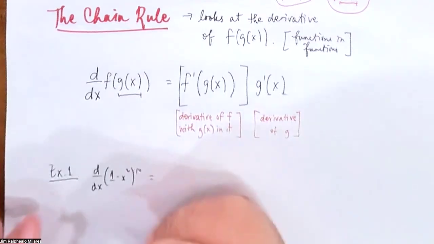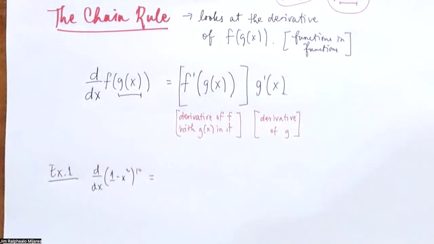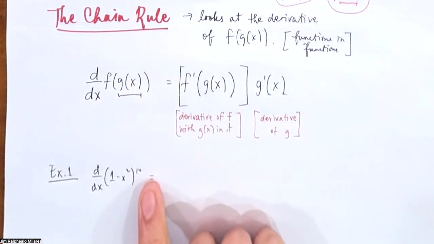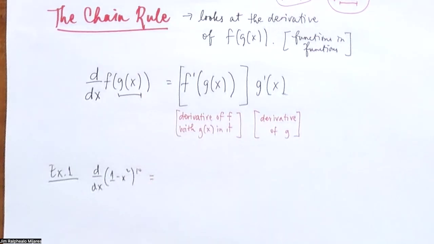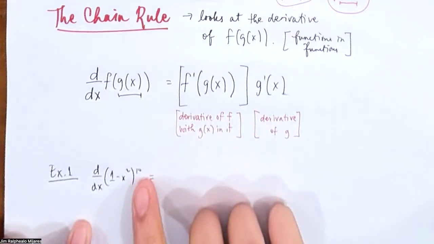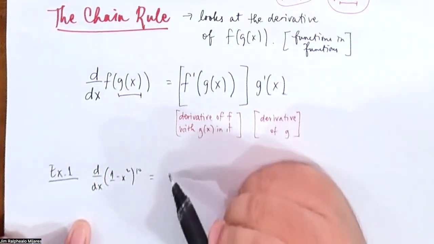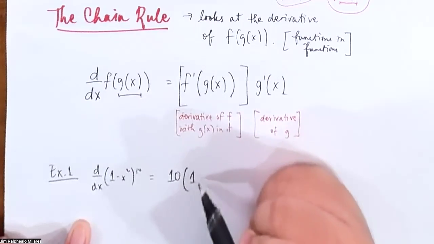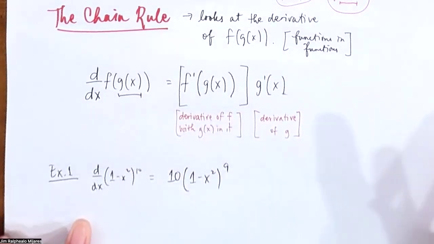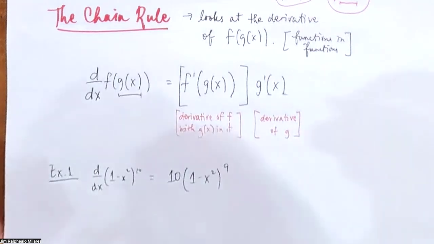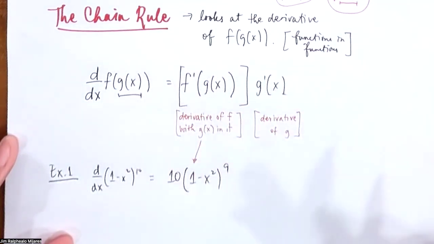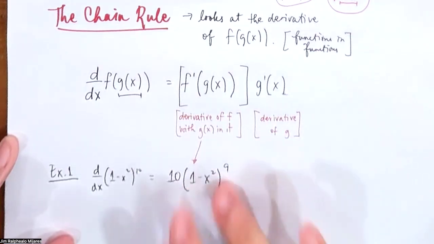The outside function is the exponent to the 10th, right? So, how do you find the derivative of a power? We use the power rule, of course. So, if we do the power rule, this will be 10 times 1 minus x squared to the 9th, right? So, this is it, right? It's the derivative of the outside.